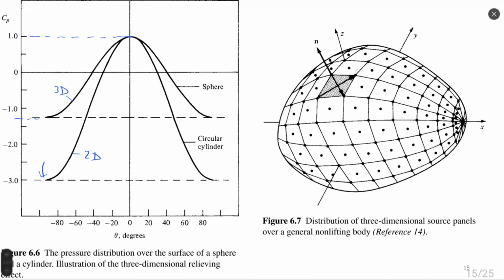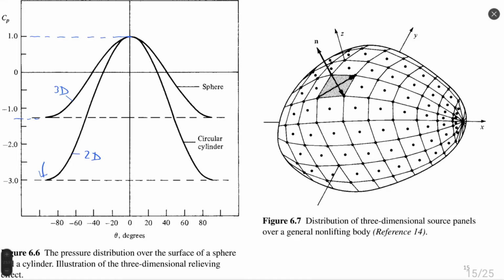Then we start to calculate a total potential function over these panels, and we see that the potential function on each panel will be a sum of influences from all other panels.